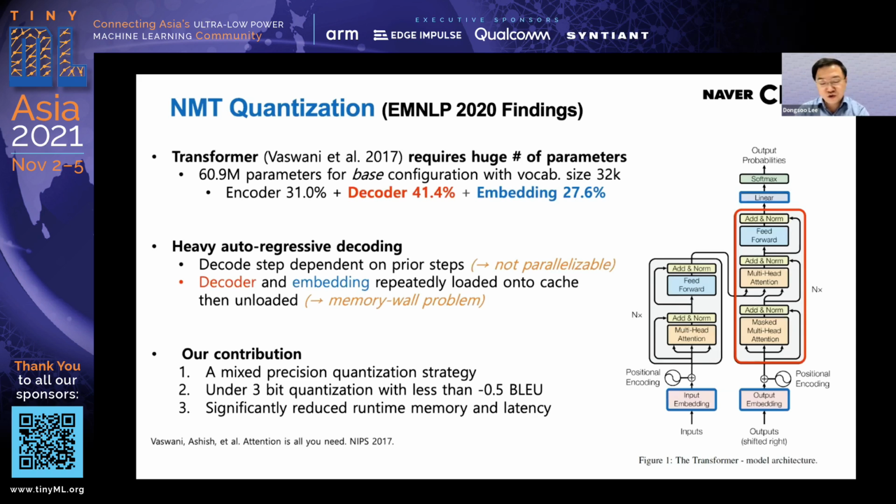So overall, to exploit such different characteristics, we propose a mixed precision quantization strategy to support three different building blocks using under 3 bits with negligible accuracy degradation. That is our goal.